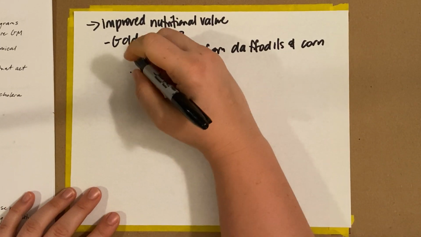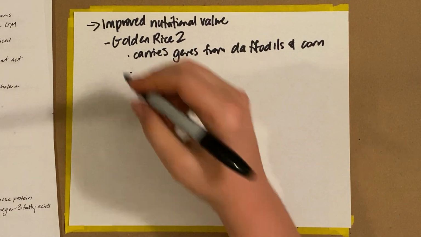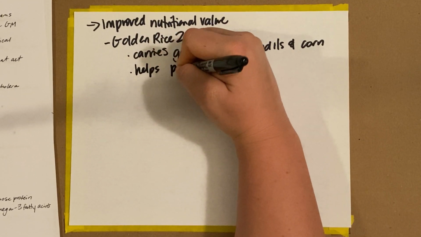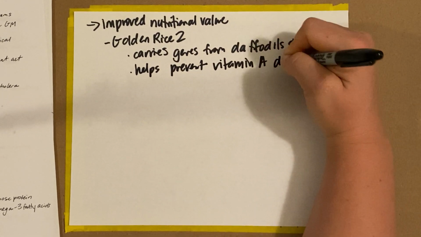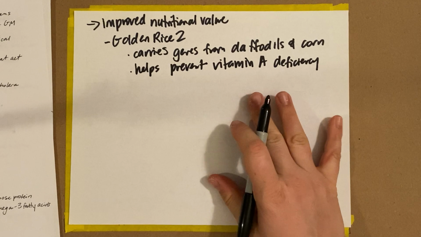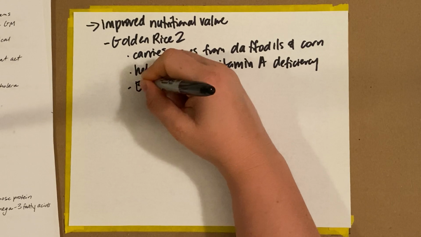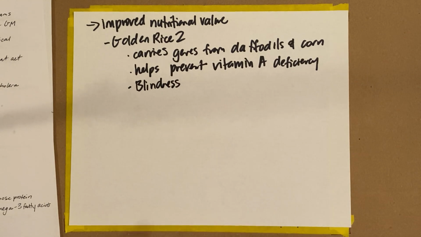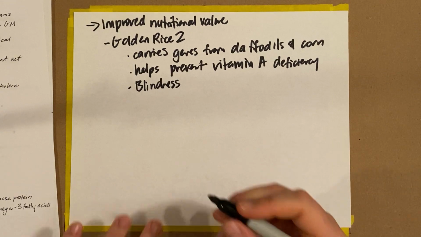What it's supposed to do is add vitamin A to this food source, which helps prevent vitamin A deficiency. People that live in certain areas do not have access to enough vitamin A, and if you do not have enough vitamin A, it leads to blindness. So if you put these genes into a staple food source that can be given to these individuals, then you can help prevent blindness.